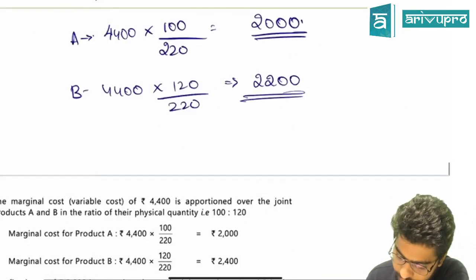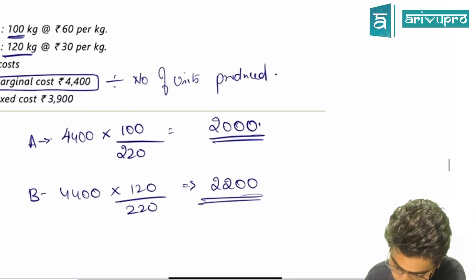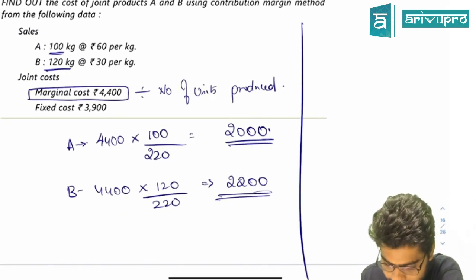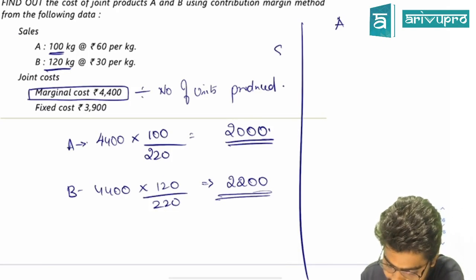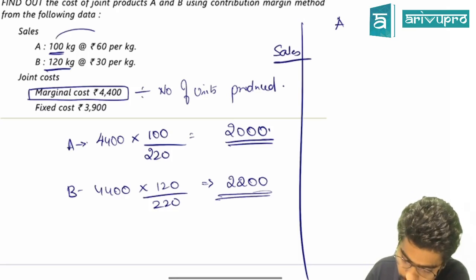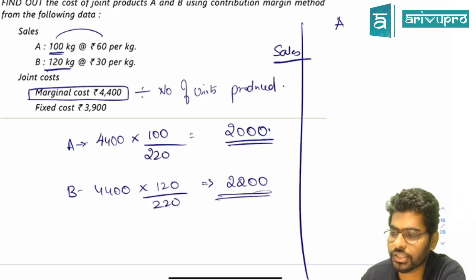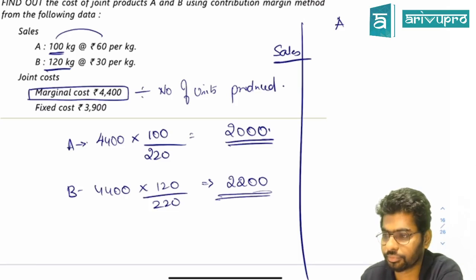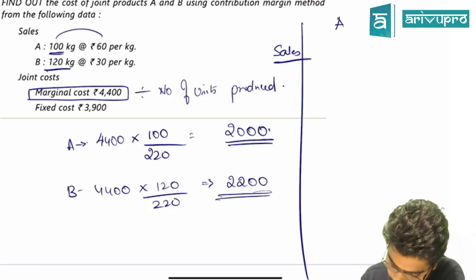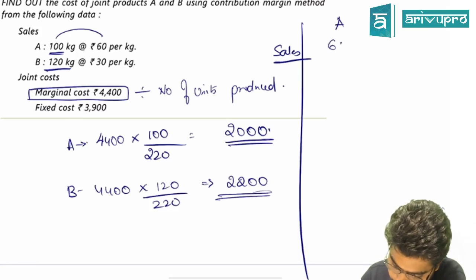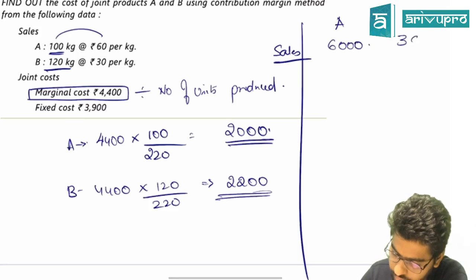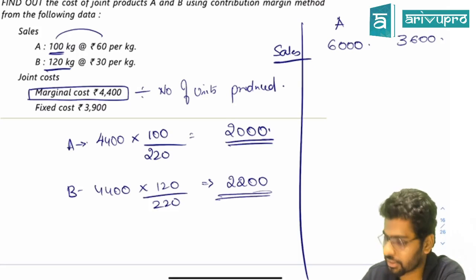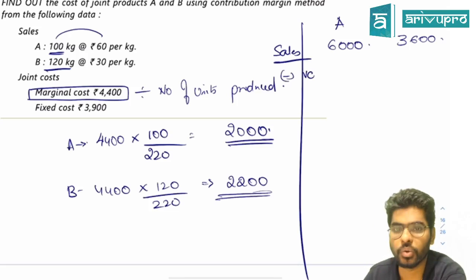Now what did I say? I have to find contribution. How do I find contribution? Sales minus variable cost, for A and B. What is the sales value? 100 into 60, 6000, and B 120 into 30, 3600. From this I will reduce my variable cost.